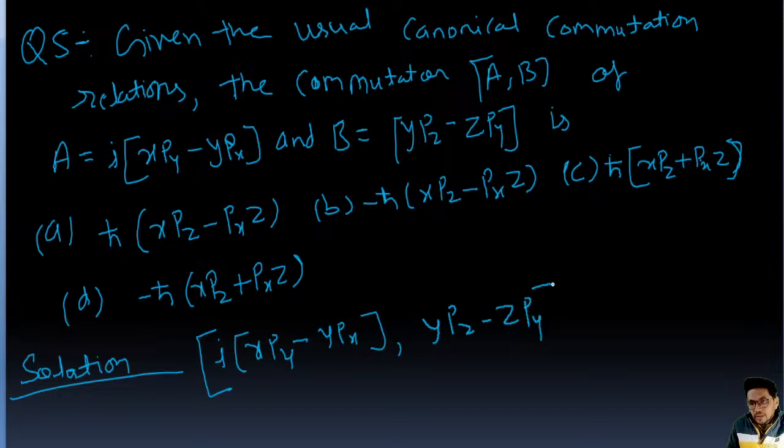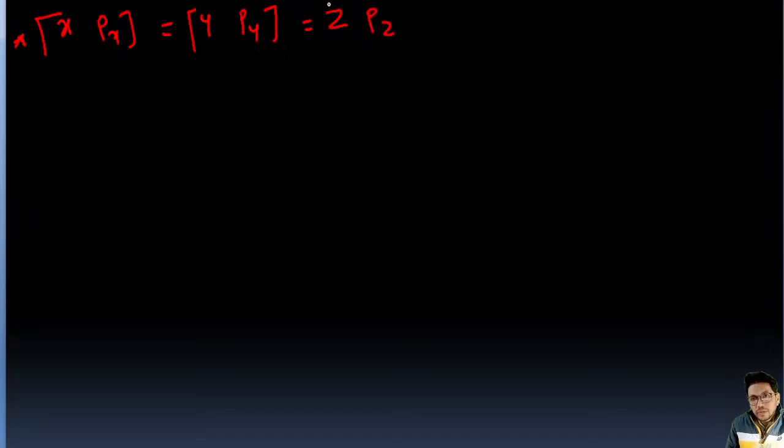Here I'm going to tell you some properties for commutation so that it will be easy for you. I'll write this in red ink. If there is xpx, or ypy, or zpz, then the value is going to be iota h cut.